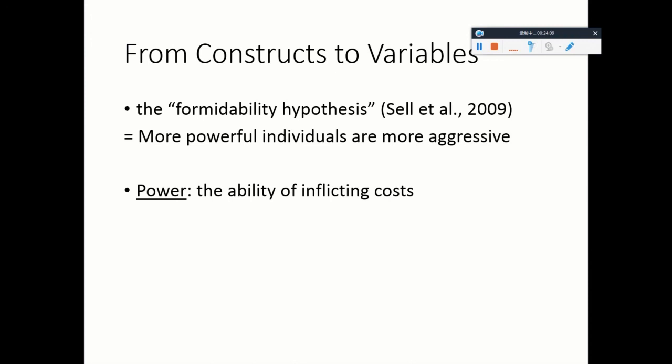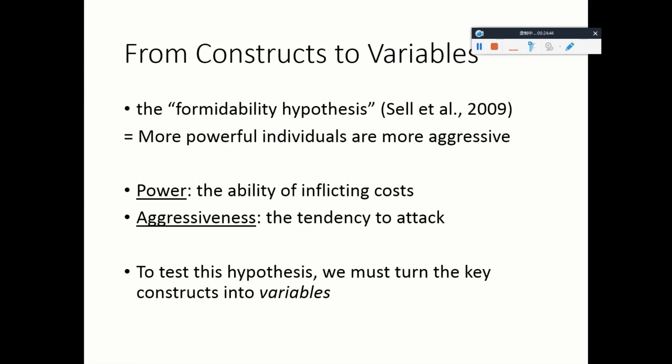A person who's more powerful can deliver more severe punishment, for example, on other people. That's what it means. They can inflict cost on others. Aggressiveness will be another construct, and we can probably define aggressiveness as loosely as one's propensity or tendency to attack. Okay?